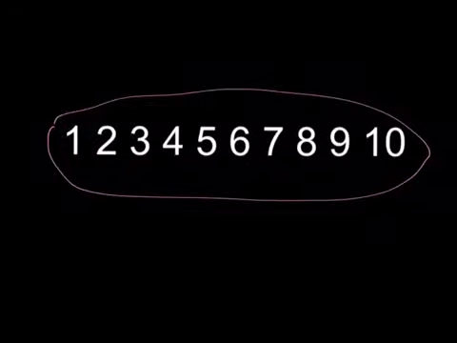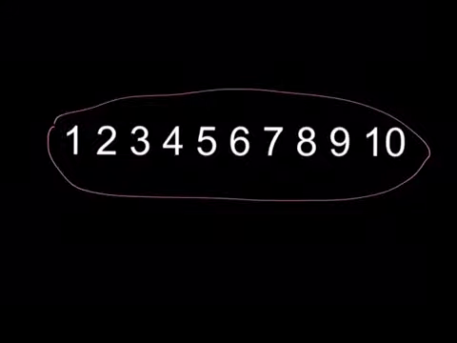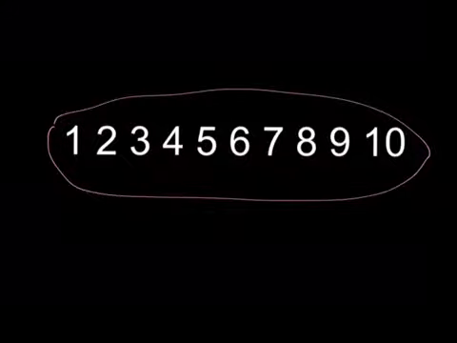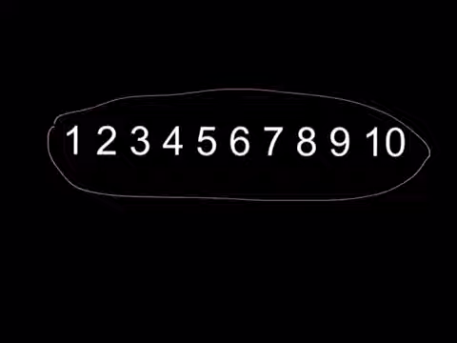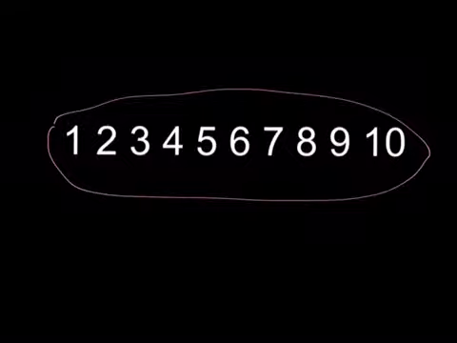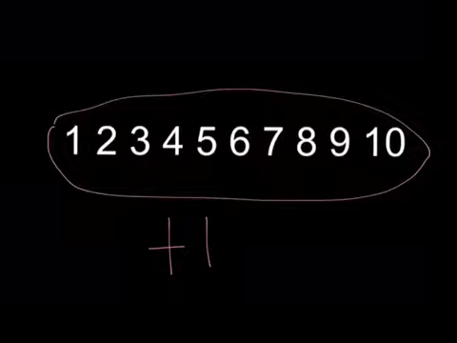Because 1 plus 1 is 2, 2 plus 1 is 3, 3 plus 1 is 4, and so on, up to 9 plus 1 is 10. So it's getting bigger by 1 each time. So it's definitely a pattern too.